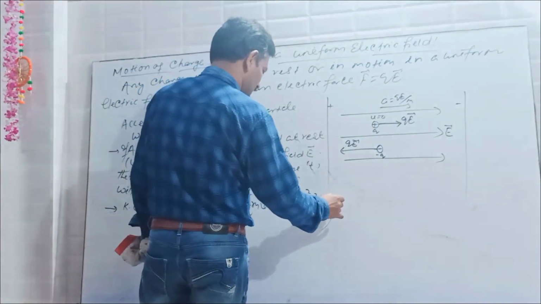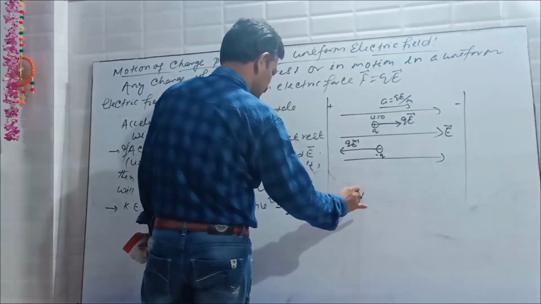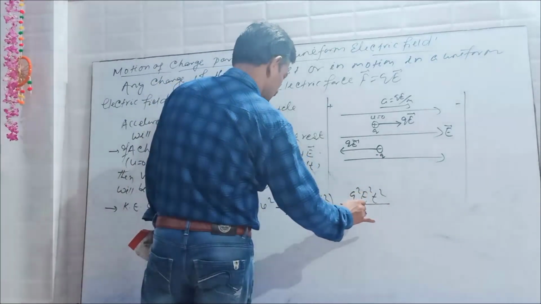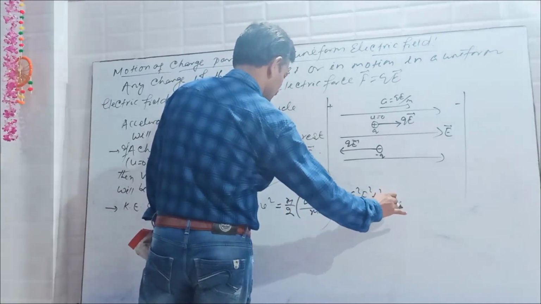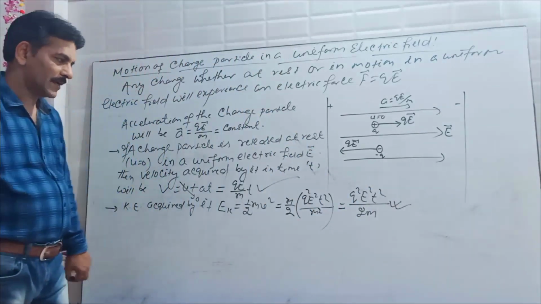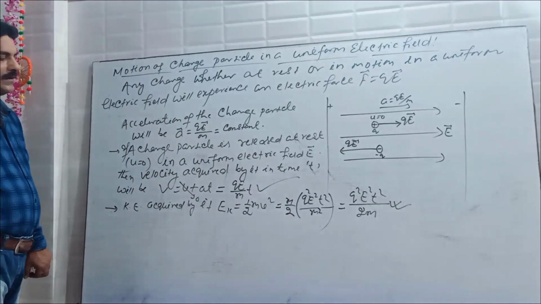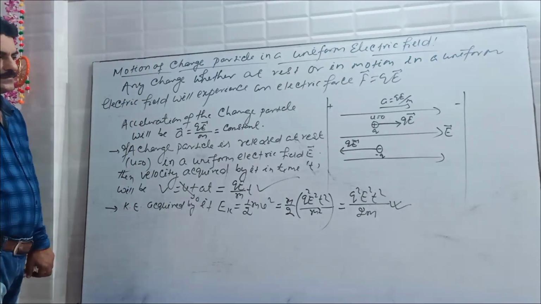So what we are getting is q square e square t square by 2m. Clear? This is the kinetic energy acquired by the charged particle in a uniform electric field in time t. Clear?